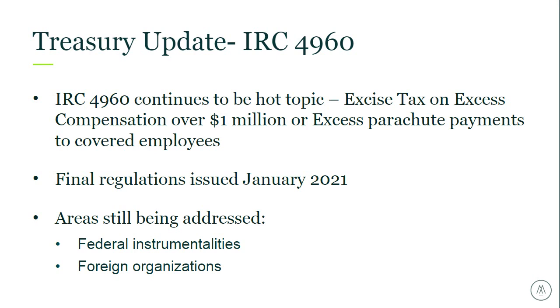The final regulations were issued as of January 2021, just a few months ago, and they said there are still some areas that we need to address, such as federal instrumentalities.